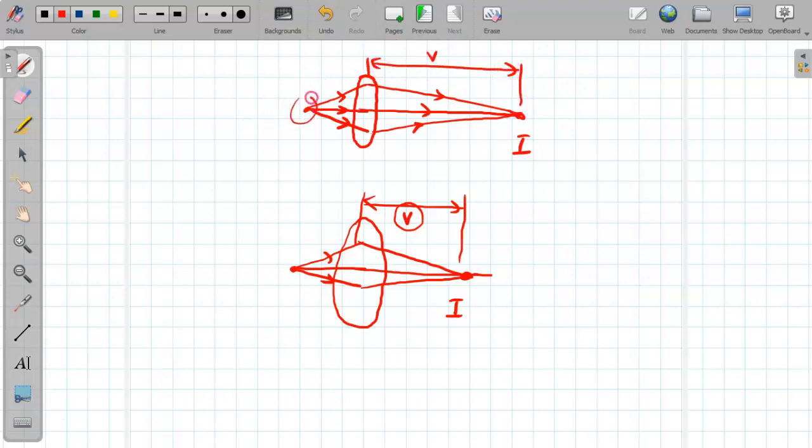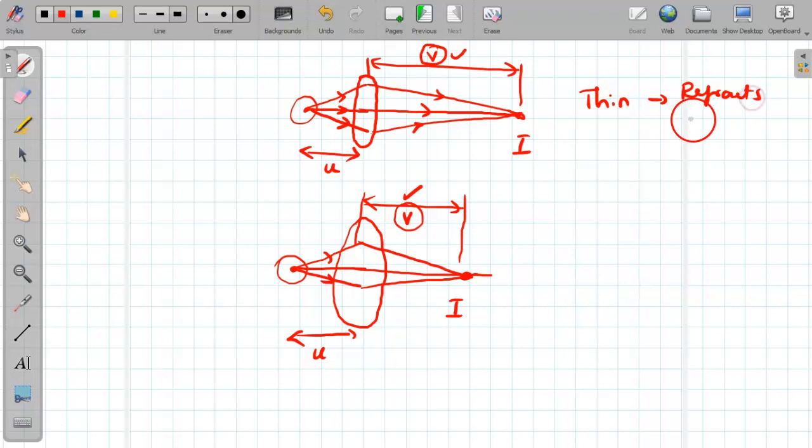We are using the same light source and the same distance. The object distance is the same, which means U is the same, but the magnitude of the image distance varies. So what do you understand from this? The thin lens refracts the light comparatively less than the thick lens.